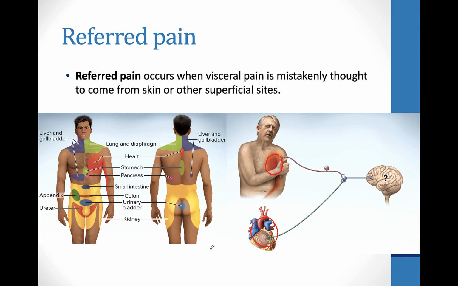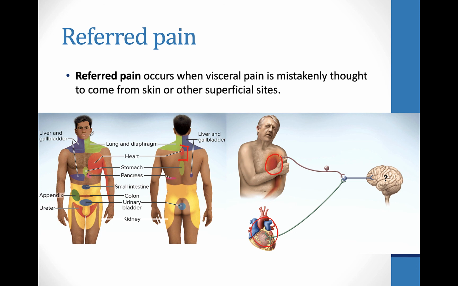And this is because there's a convergence of these neural pathways. The cardiac neural pathway converges with the chest and the arm at about T1 through 5, and then the brain has to interpret that. So oftentimes feeling pain somewhere might be a good indicator that there's actually an internal issue, and so sometimes constant or chronic pain is a good reason to go to the doctor.